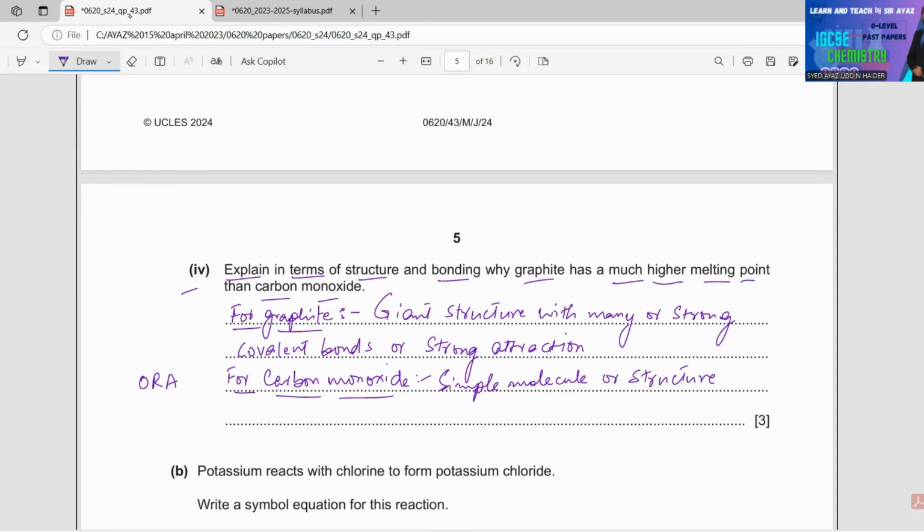Refer to the forces present, which are weak intermolecular forces.